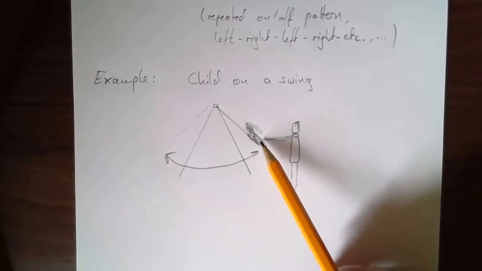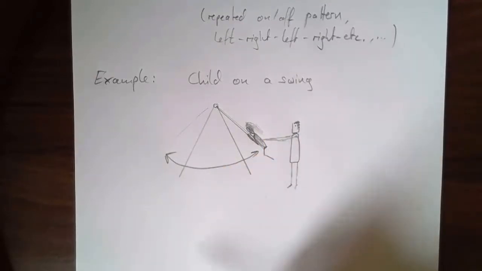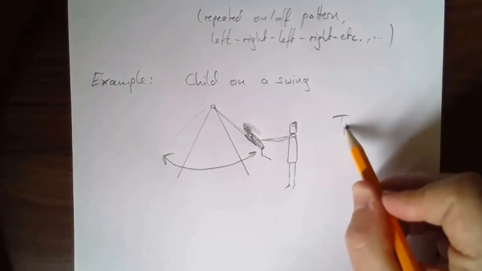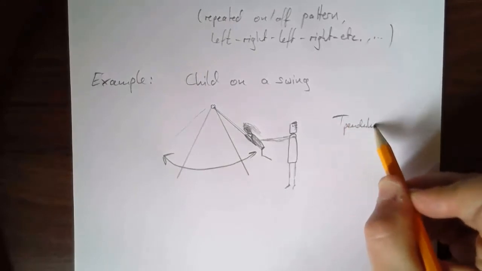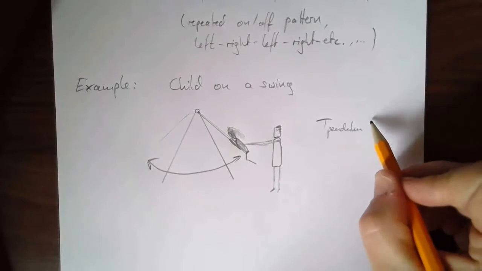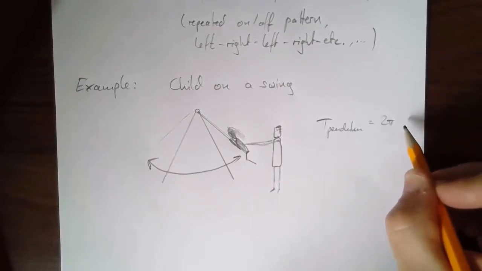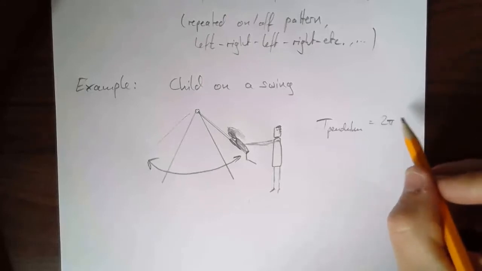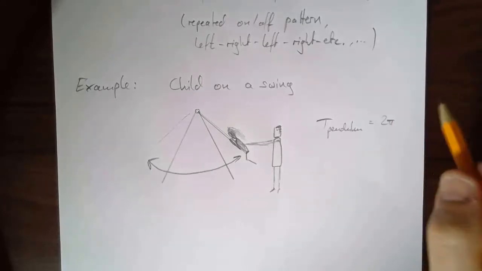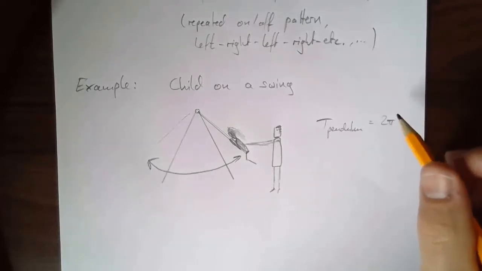Now the period of a pendulum, remember this from the pendulum lecture, is going to be 2 pi times square root of L over g. It's 1 over f, and f is omega over 2 pi.